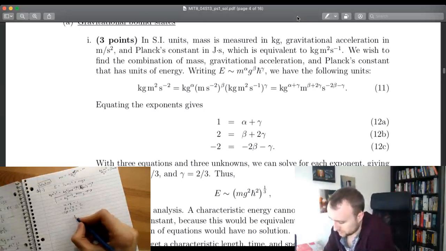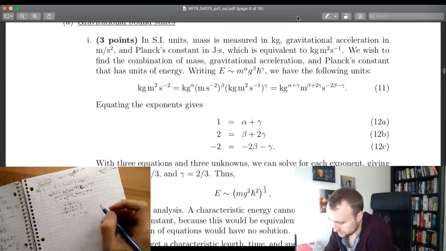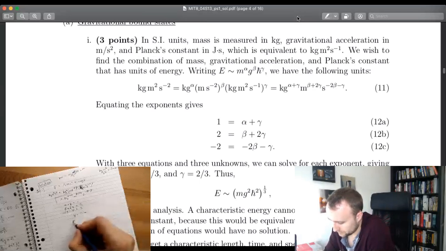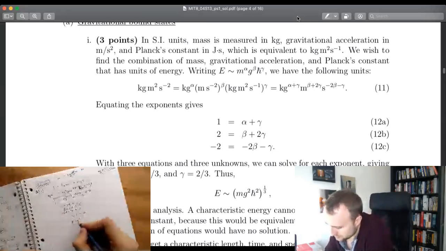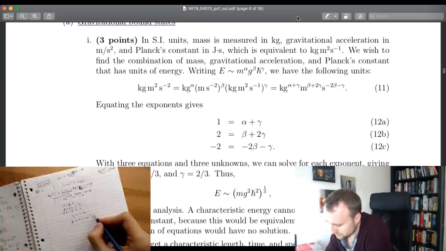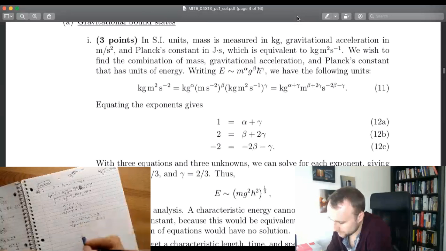So let's just solve for theta is equal to 1 minus alpha. We've got beta is equal to, beta plus 2 times 1 minus alpha equal to 2, and minus 2 beta minus alpha equal to 2.